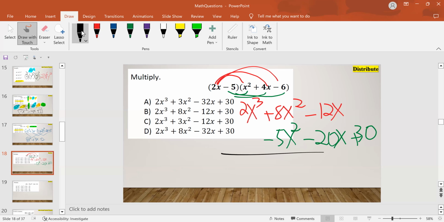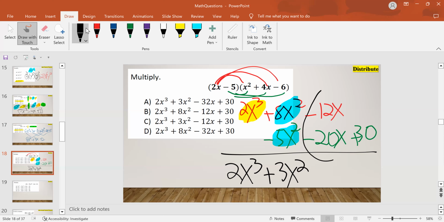Okay, and we're going to combine like terms. So we have a 2x to the third power. This is alone. There is no other expression with x to the third power. But we see the next one as like terms. So 8x squared minus 5x squared gives you what? Positive 3x squared.